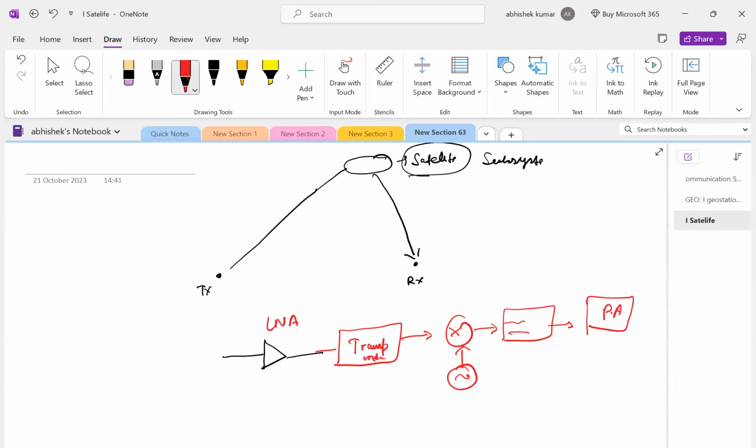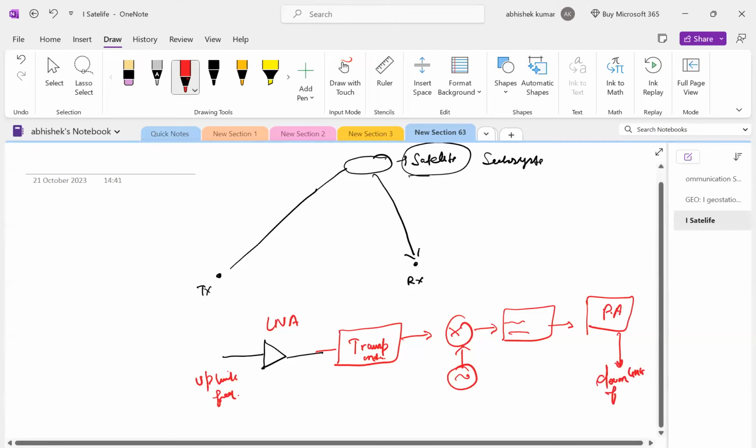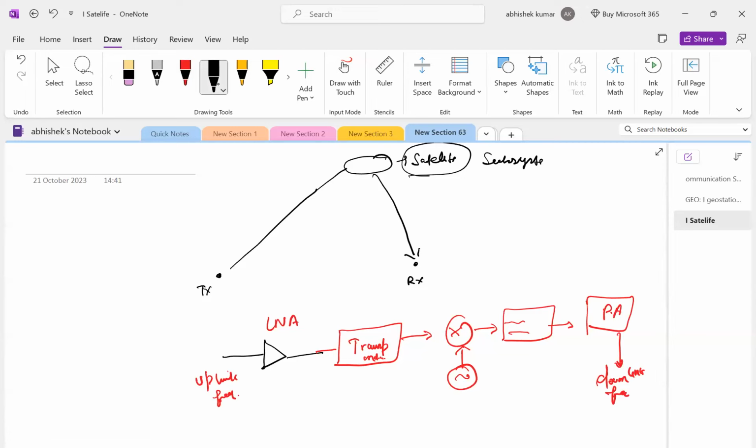Here is the uplink frequency, and here we get the downlink frequency. The uplink frequency is always higher than the downlink frequency. The frequency at which we send the signal is known as the uplink frequency.